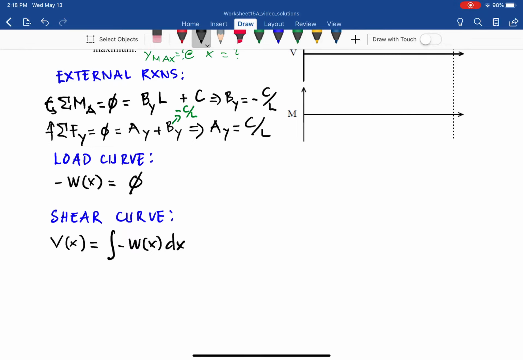In this case W(x) equals 0, so the integral of 0 is a constant. How can we determine the constant? We set the boundary condition.